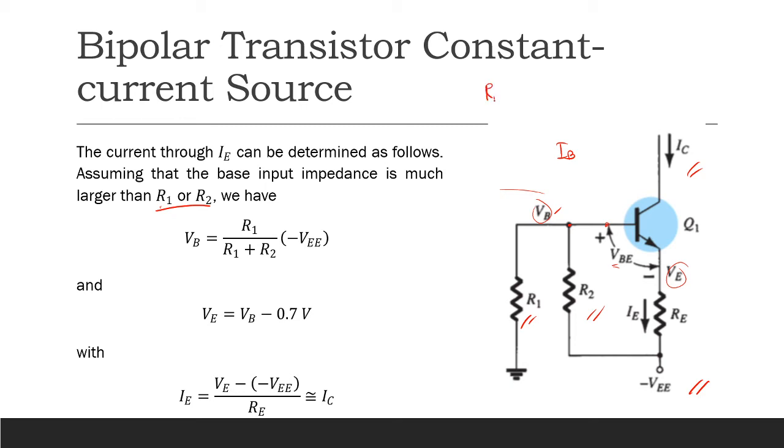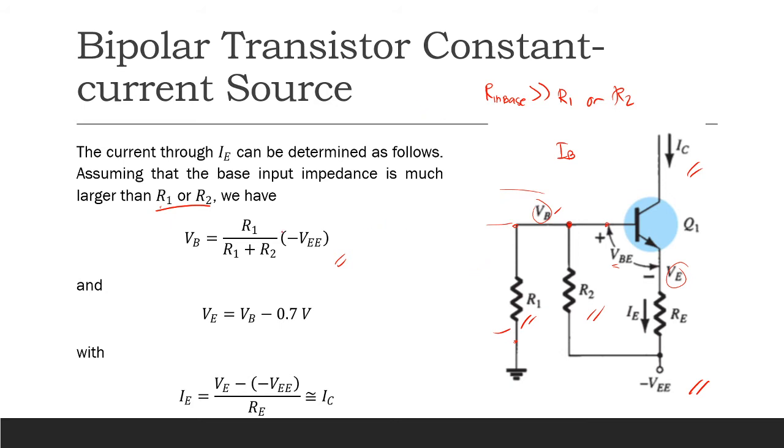So if your R in base is much greater than R1 or R2, then pwede nating i-assume na lang na yung base current mo is ganito. So mag-voltage divider tayo. We will assume that the voltage at this point is equal to the voltage at R1. So ganun class yung magiging assumption natin.